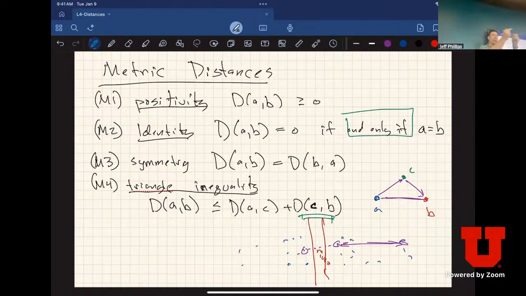If I put the two objects in, I measure the distance, and the two are the same object, the distance is always 0. This is easy to achieve.